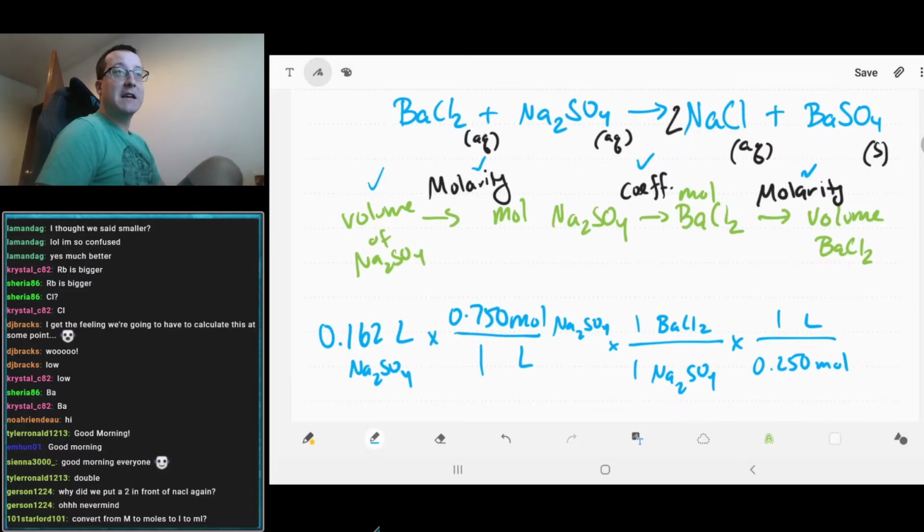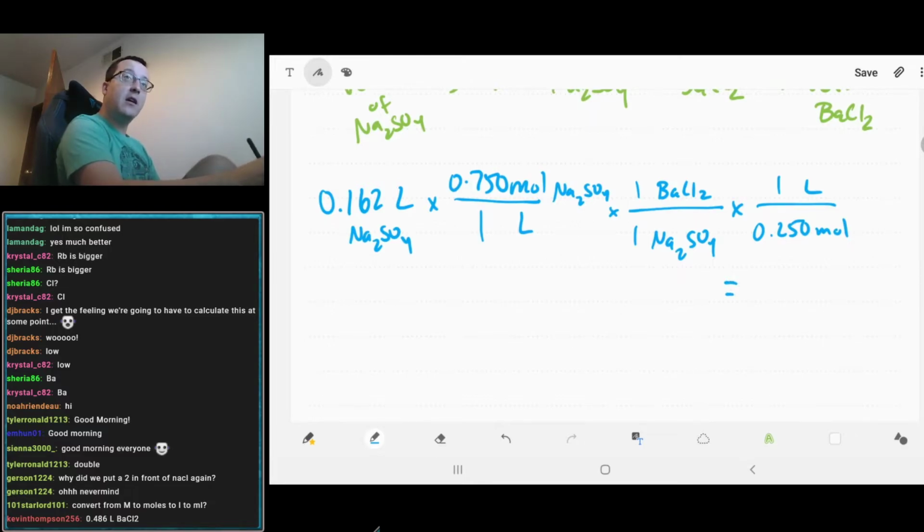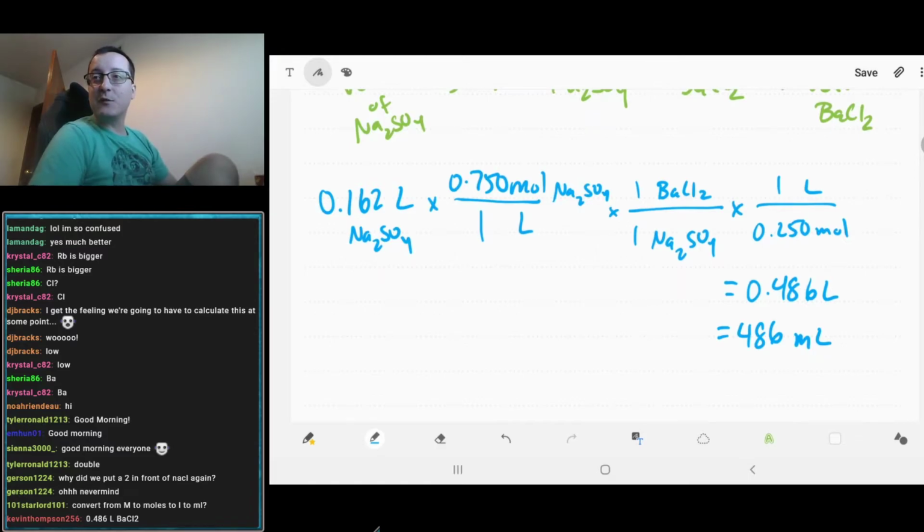Remember, molarity is converting between moles and liters, so it's always going to be 1 liter, and you're going to have your moles, and Kevin has already done it for us, to be 0.486 liters, which is going to be equal to 486 milliliters. Since I did technically ask for milliliters in the question, you will need to convert that, but that's it. And that's going to be of this solution.